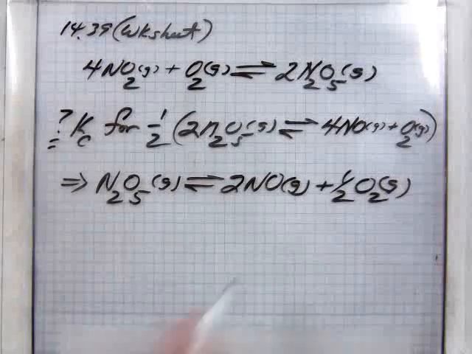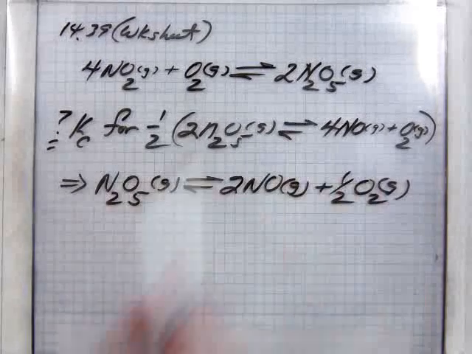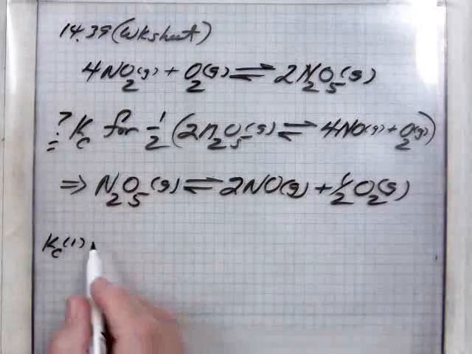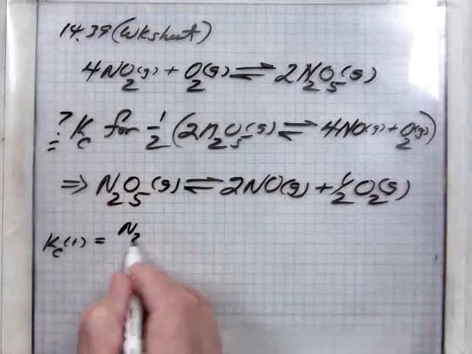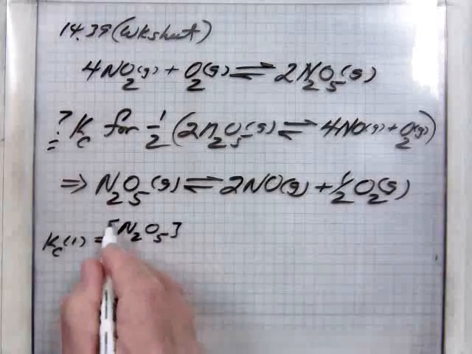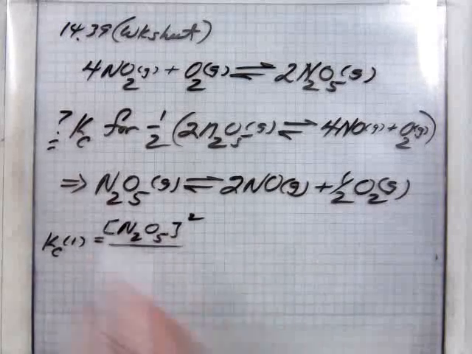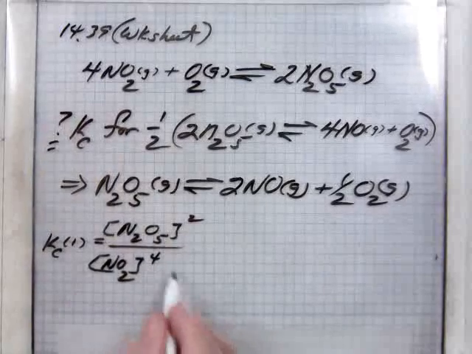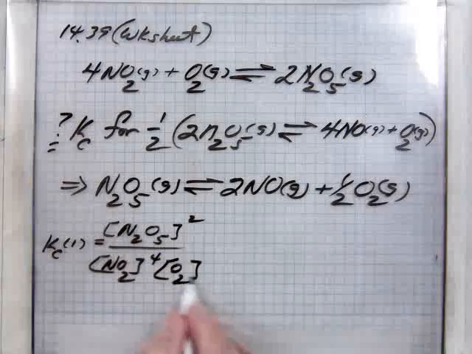Start with the equilibrium expression of the first reaction. Kc for number 1 is N2O5 squared divided by NO2 to the 4th power and O2 to the 1st power.